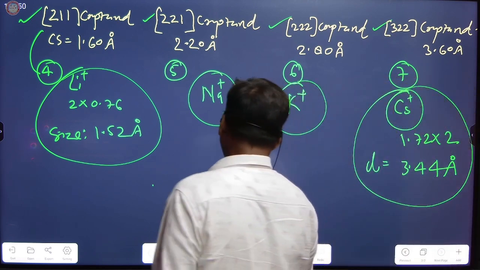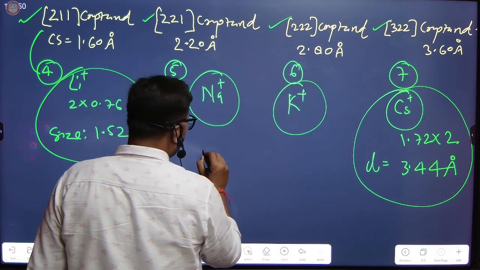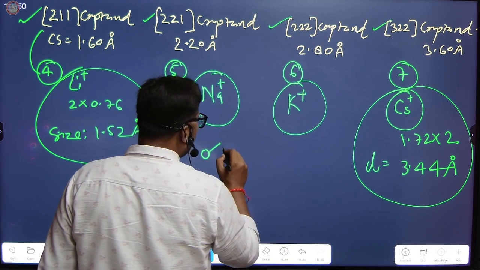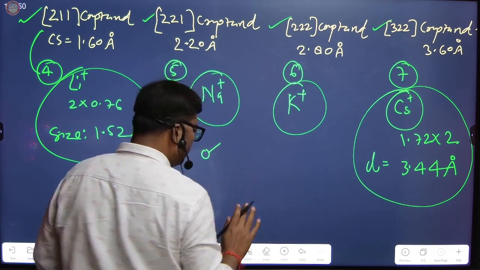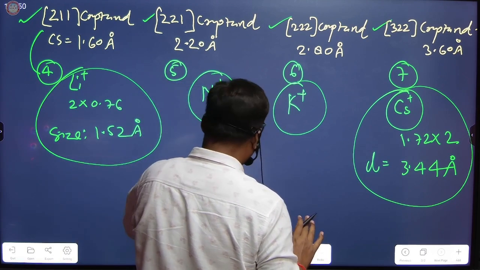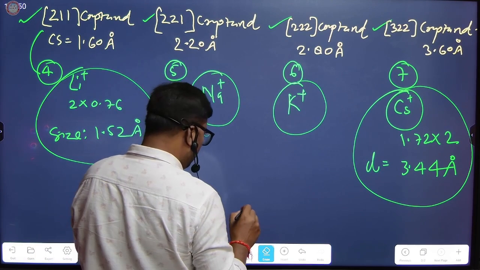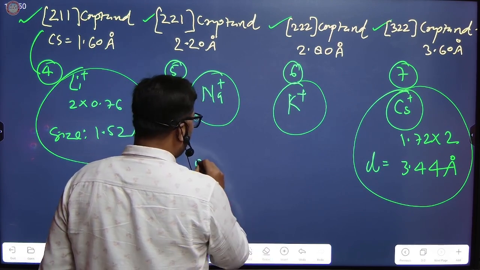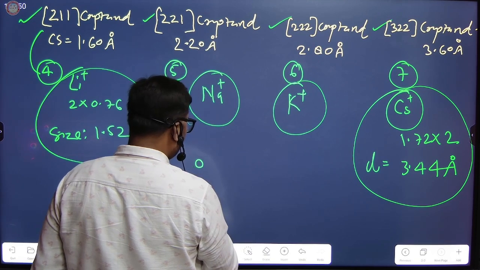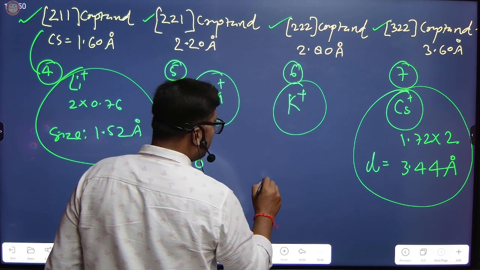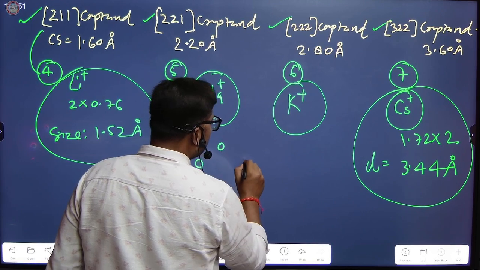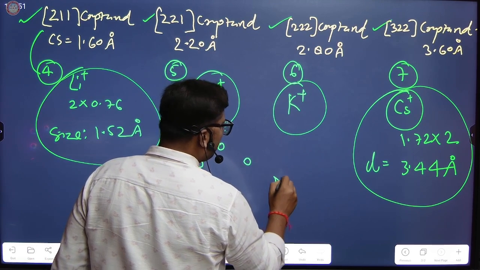Suppose we have a cryptand like that. The basic structure of the cryptand as we have previously shown. So that is one oxygen, nitrogen, and this is oxygen, and this is nitrogen, right?